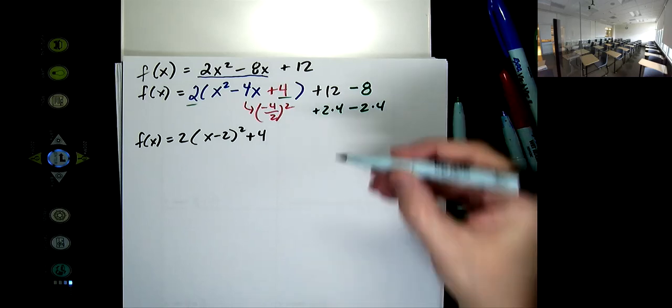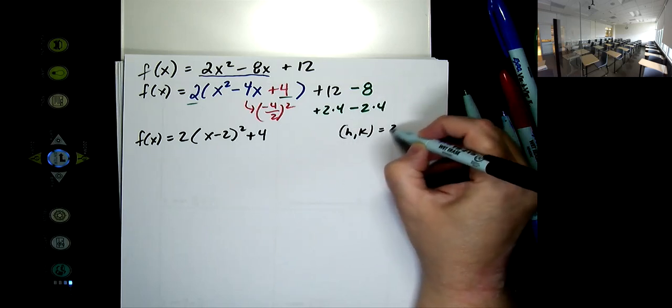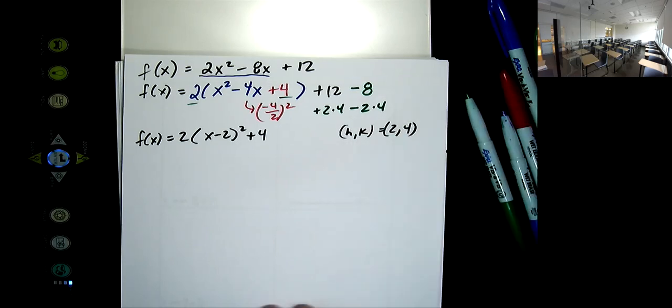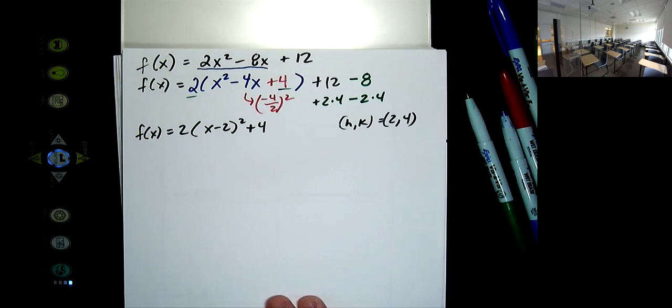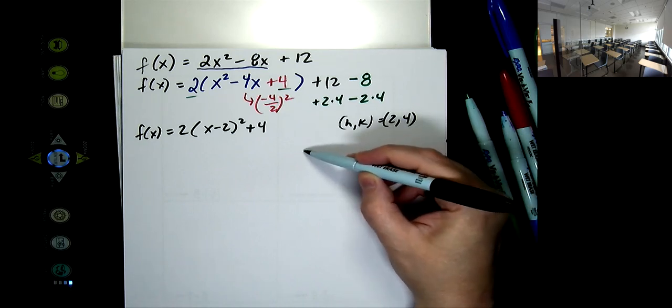My h, k is still the same. It's 2, 4. Which tells me the location of where my parabola is.